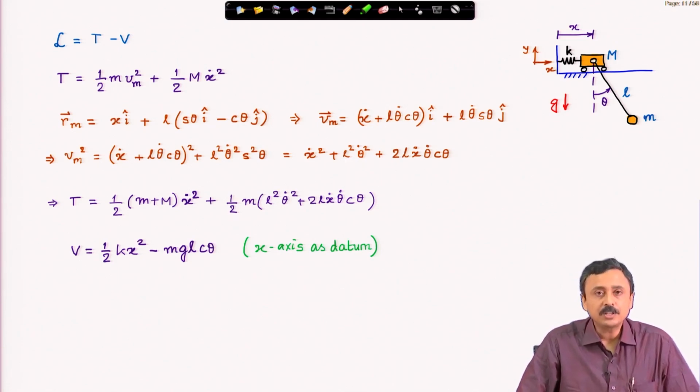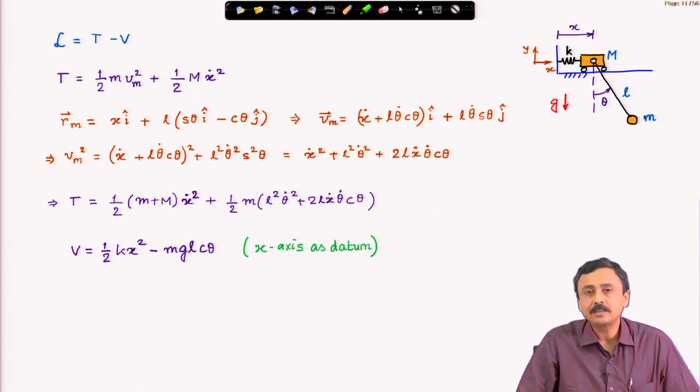The spring potential energy is half k x squared, and with the datum fixed at the x axis for the pendulum, we can write the potential energy of the pendulum as minus m g l cosine theta, and the total potential energy is the sum of these two quantities.